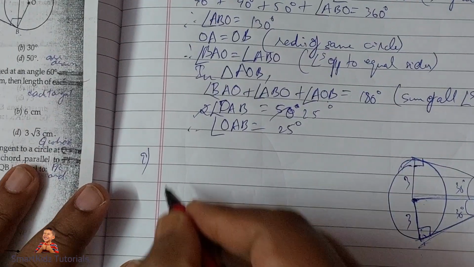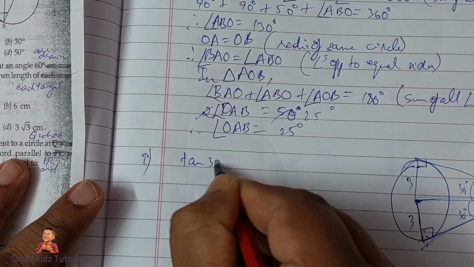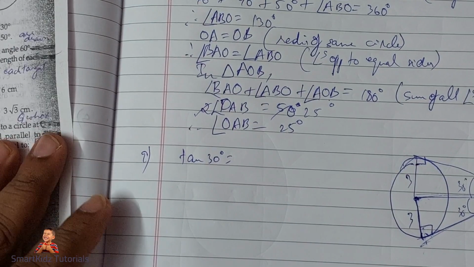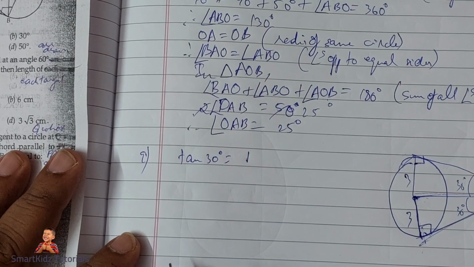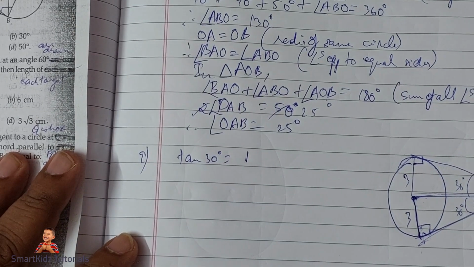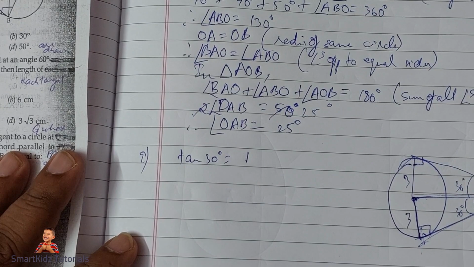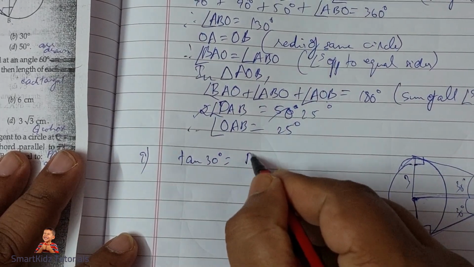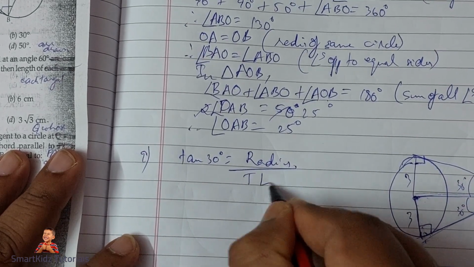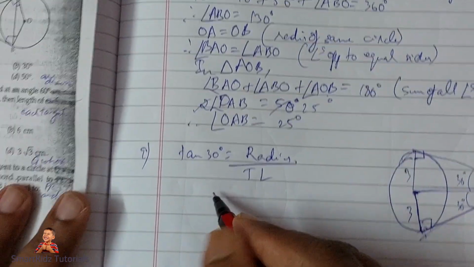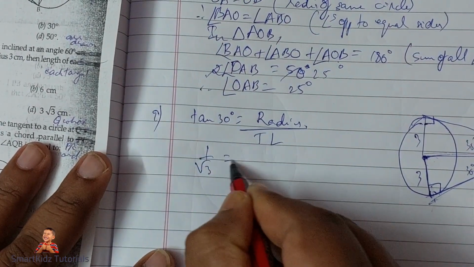So tan 30 degrees is equal to the radius upon the tangent length. Tan 30 degrees is 1 upon root 3.